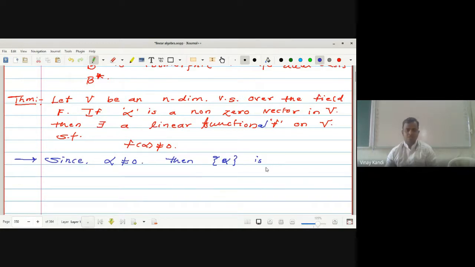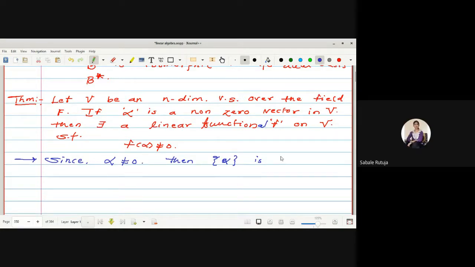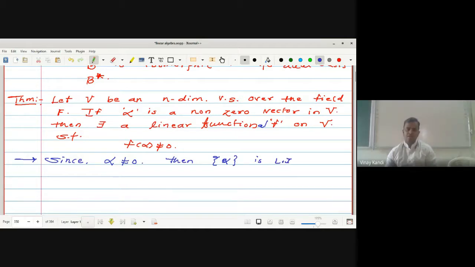A singleton non-zero vector is a linearly independent vector, and we know that any linearly independent set we can extend to form a basis for V. If we have a linearly independent set, we can extend it by adding some linearly independent vectors to that set, and that becomes a basis for V.